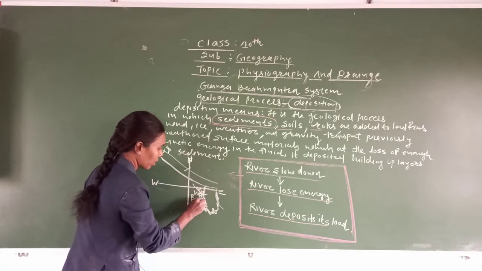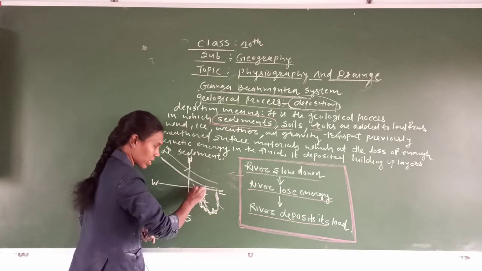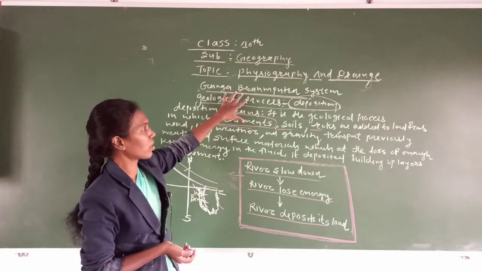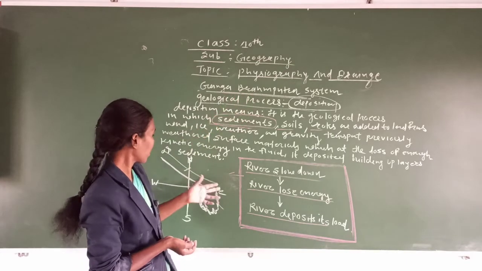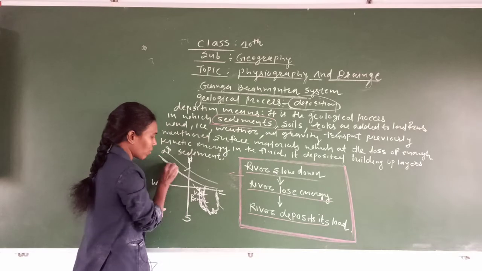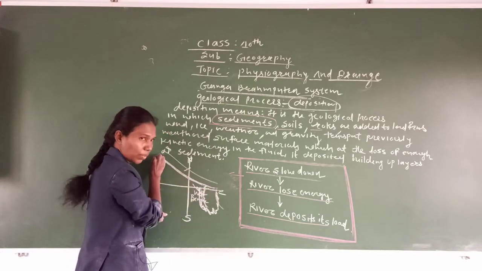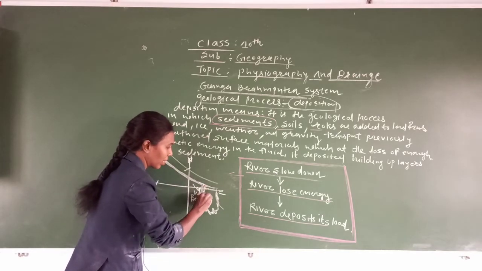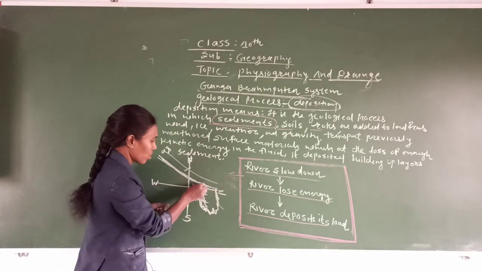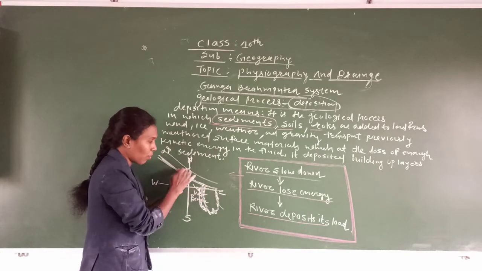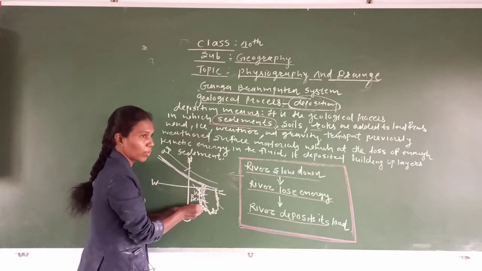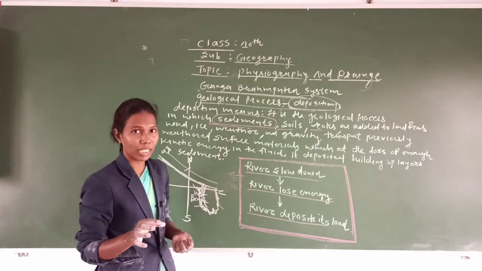Whatever the depositional work of the Ganga Brahmaputra system, the river flow goes towards the low lying area, and the three rivers, the Ganga, Brahmaputra and other rivers, meet. When all the rivers flow from this side and come together at one place, which is part of West Bengal, it is known as the delta.